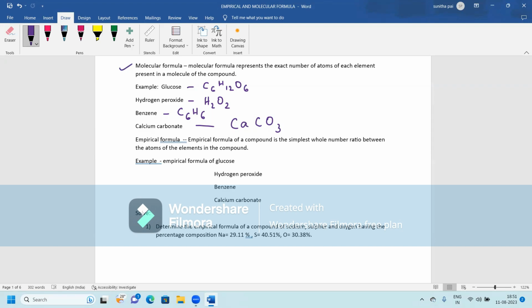Therefore, molecular formula represents the exact number of atoms, actual number of atoms of each element present in one molecule of the compound. I hope this word molecular formula meaning is clear.